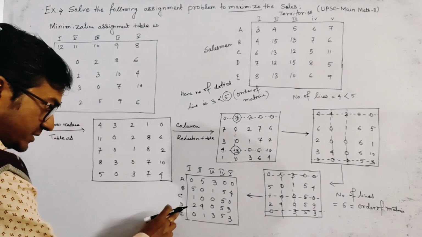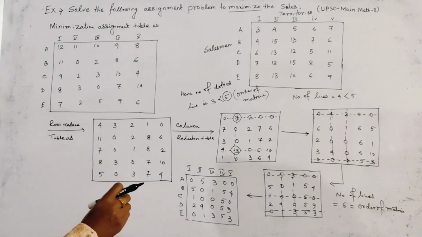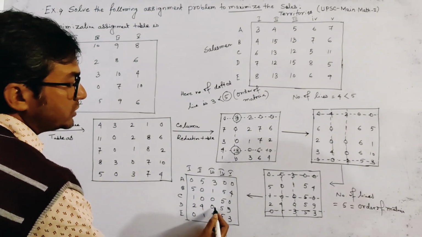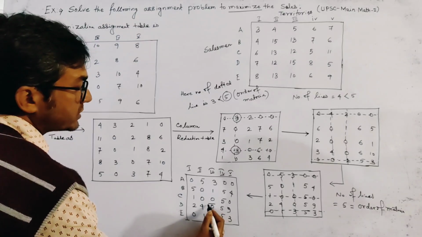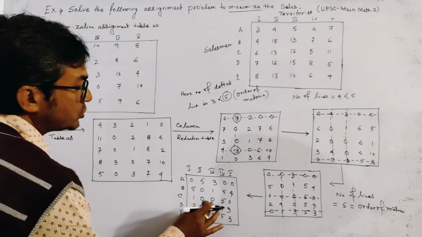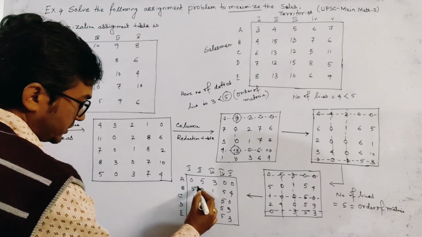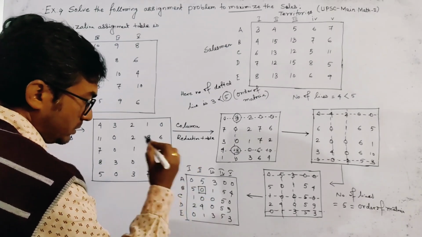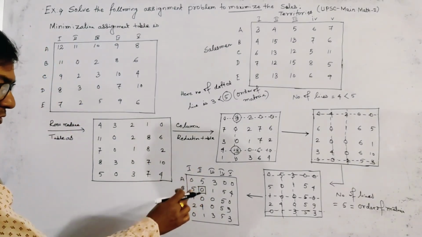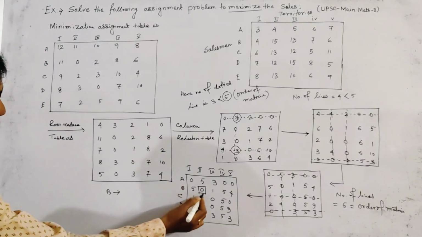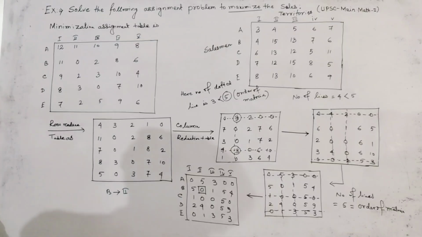Now we find first which row contains only 1 zero. It is clear that this row contains 1 zero, so we mark this row first. Sorry, there is also 1 zero in the second row, so we mark this row first, and we assign B to territory number 2.